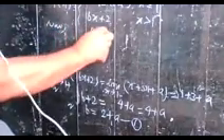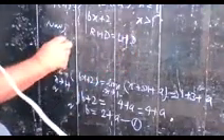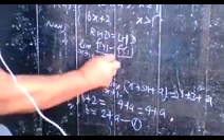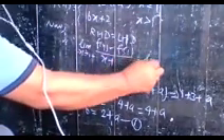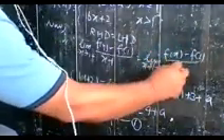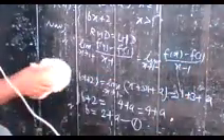So right hand derivative is equal to left hand derivative. So limit x tends to 1 plus of (f(x) minus f1) divided by (x minus 1) is equal to limit x tends to 1 minus of (f(x) minus f1) divided by (x minus 1). Understand? Now putting the value of f(x).